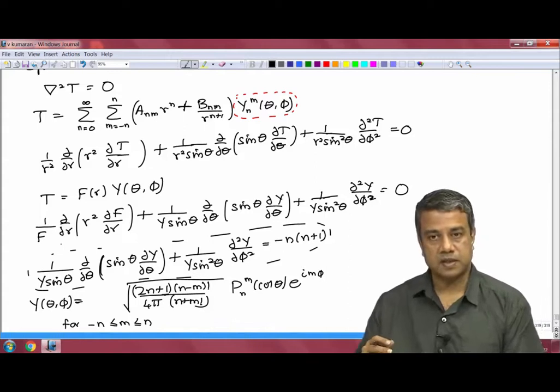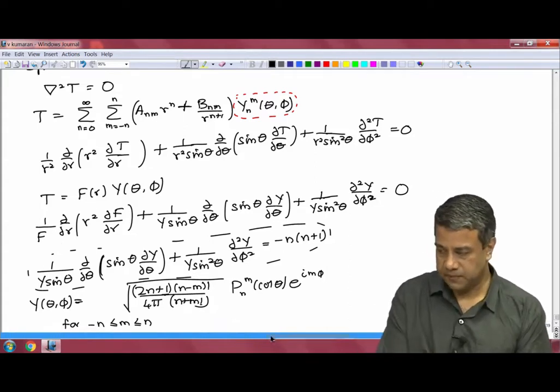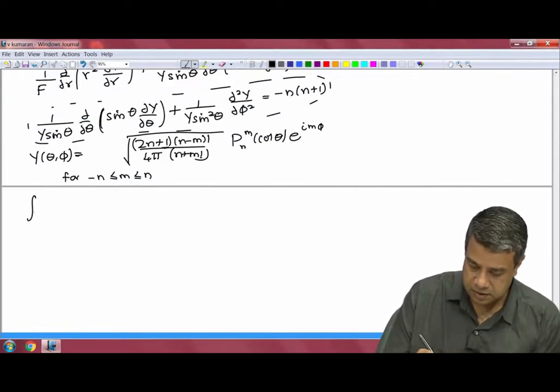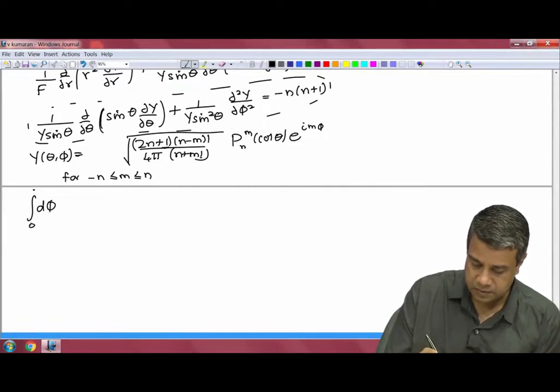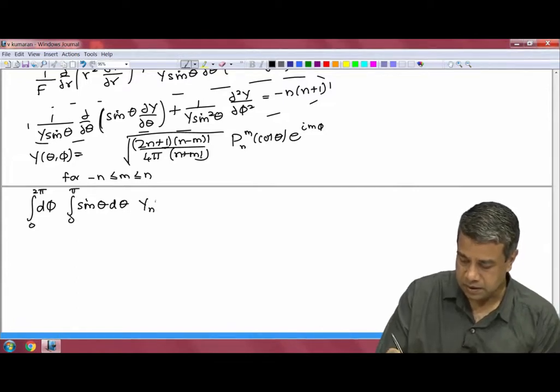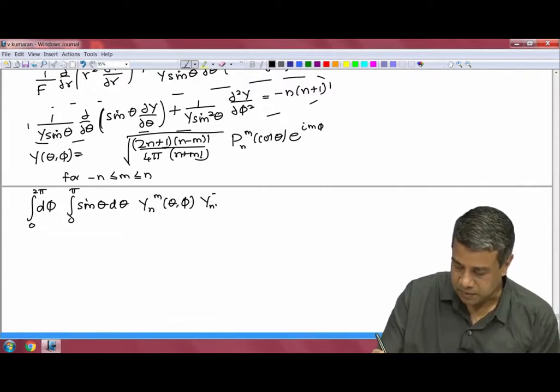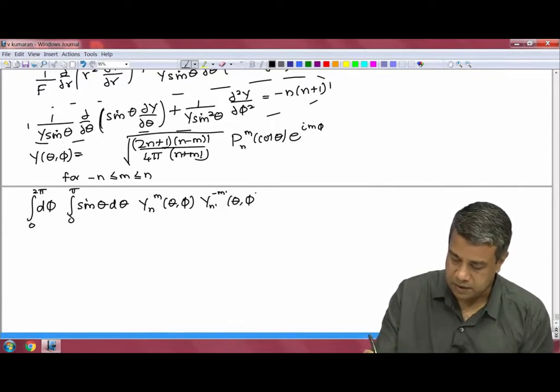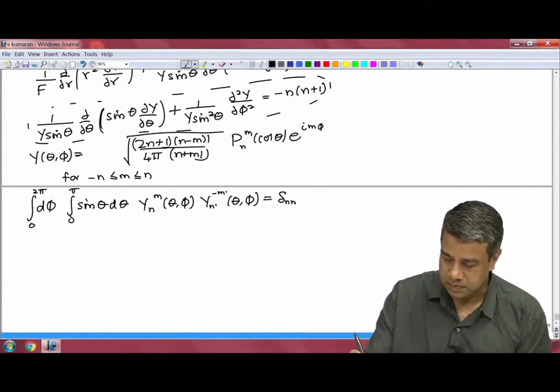It is the solution for the angular parts of the Laplace equation. And this satisfies the orthogonality condition: integral d phi between 0 and 2 pi, integral sin theta d theta between 0 and pi of Y_nm times the complex conjugate of Y_n'm' of theta phi is equal to delta n n prime delta m m prime.